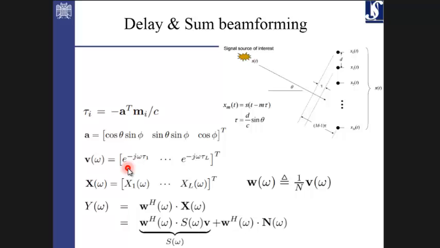So if you line up the phase shifts of the wave propagation for each of the microphones with respect to the source in a vector in the frequency domain, it would be a vector whose elements are e to the power of j and the phase shifts.